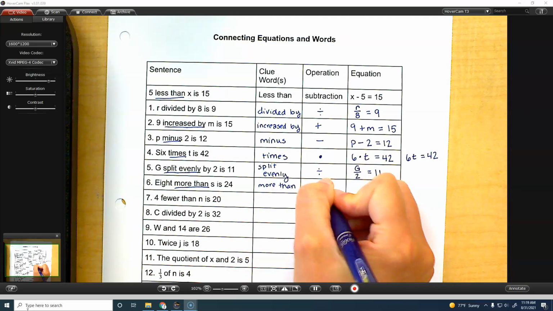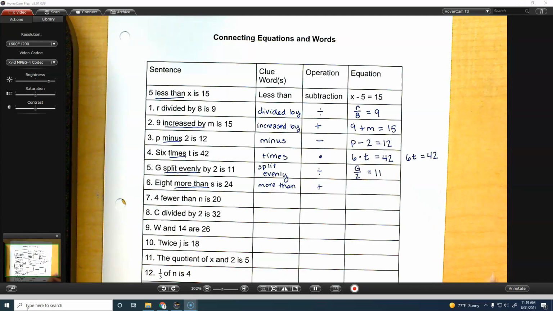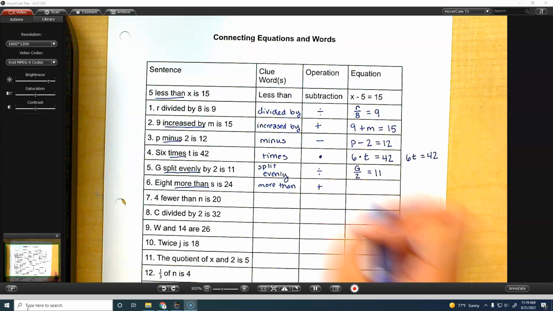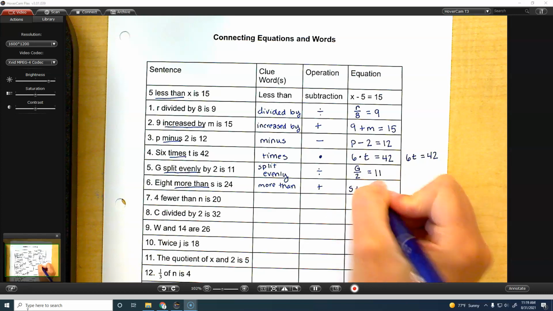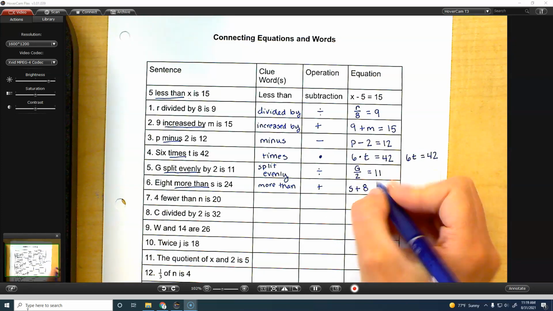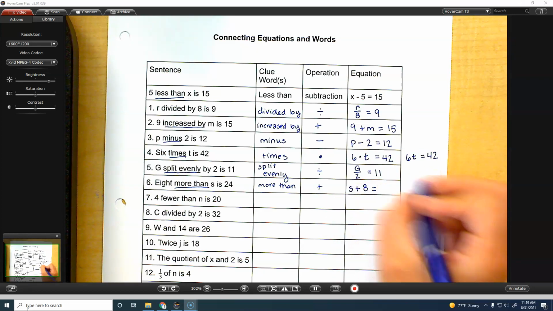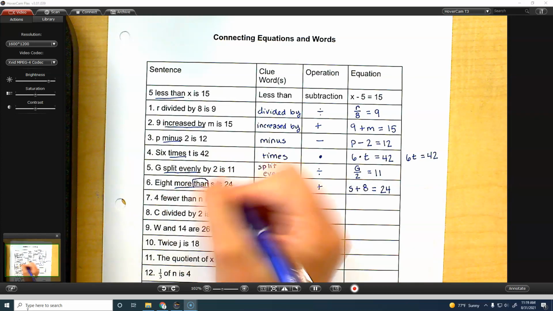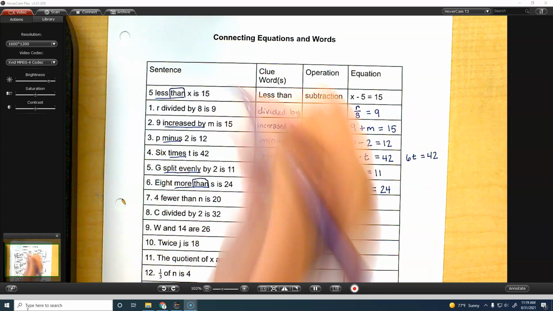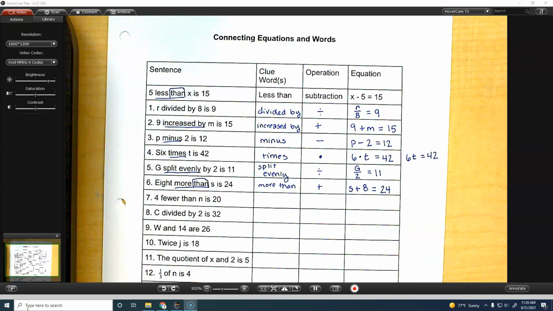And it does tell us addition. But when I see 8 more than S, I want to put the S first, plus 8 is the equal sign 24. So that word than, just like you saw up here, tells you need to add to the end or subtract from the end, not the beginning.